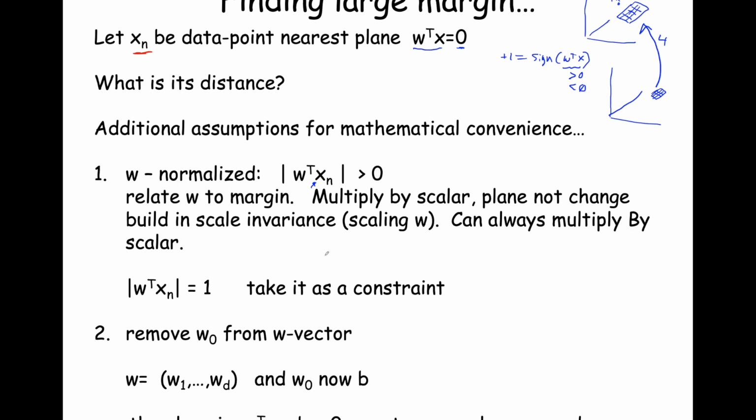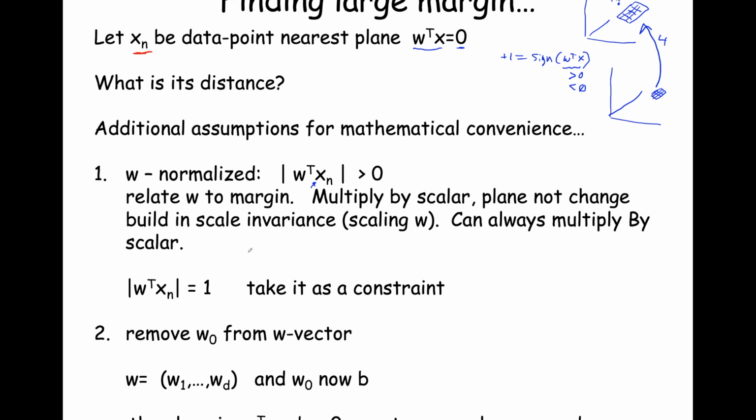And I need this as a constraint because that closest off-plane point, that's exactly what I'm going to use to define the margin. And I need the distance between the closest off-plane point and the plane in order to measure the size of the margin, right? So to get that distance, I need this machinery.